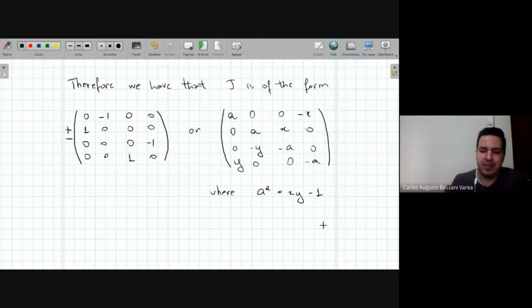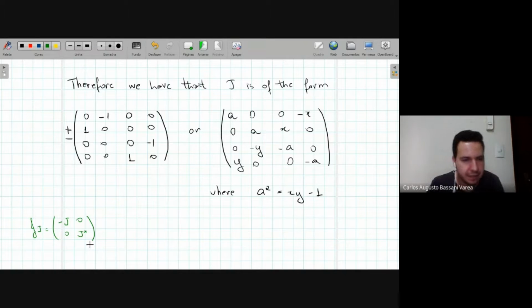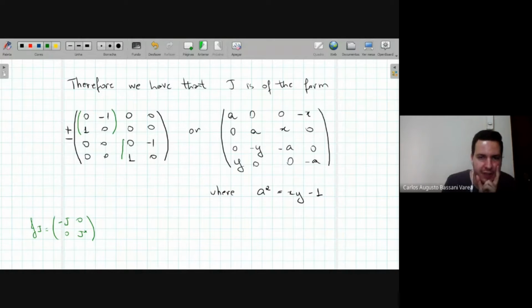Just to give some names here, if you remember the examples of the first day, when we have a complex structure, we can define a generalized complex structure that we call J of J, and the expression is given by this. And observe that this matrix here is exactly of this form.